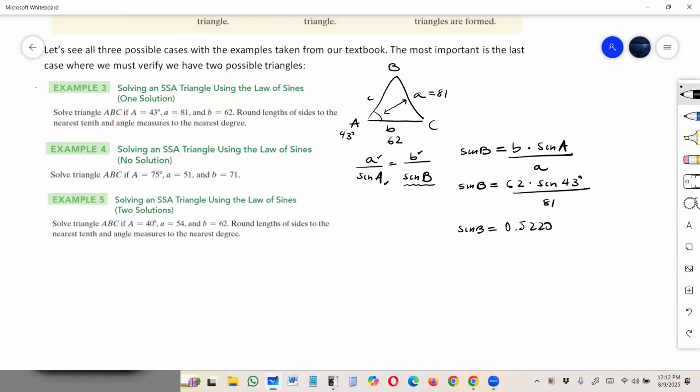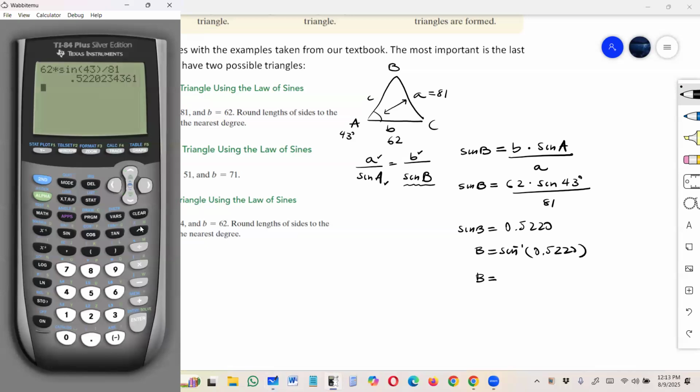And now, in order to find the angle B, I have to use the inverse function of sine. So 0.5220. Now, the calculator is going to give an answer for this. So let's do sine inverse.